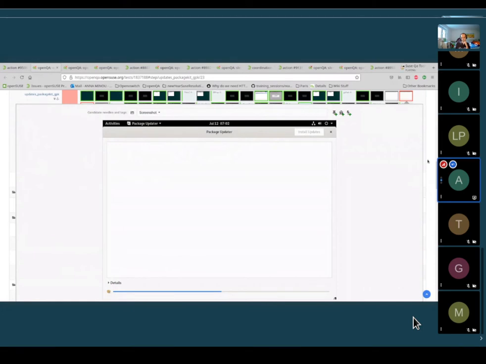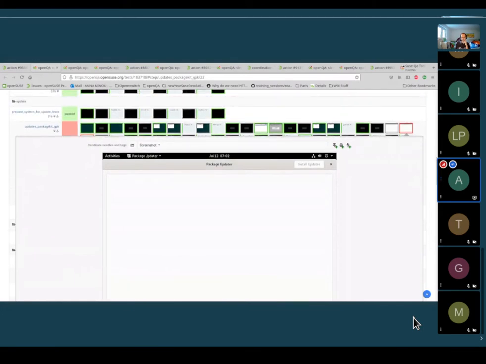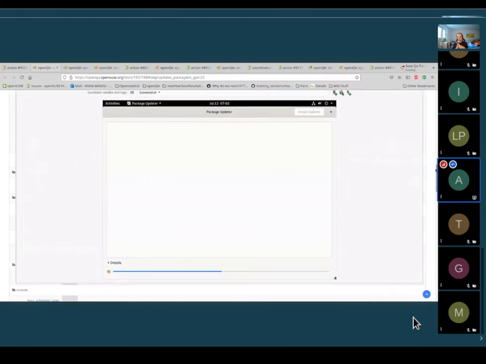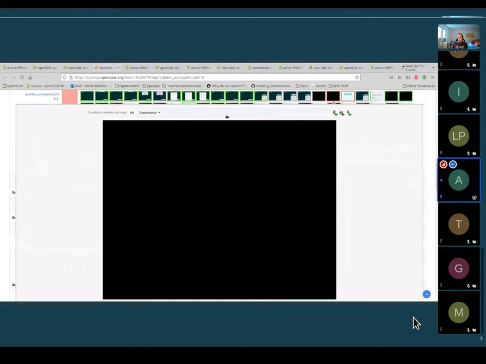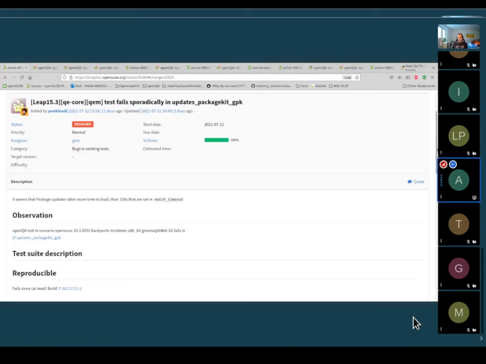For example, in one case, it was failing in these states where it seemed that the updates were installed but it was stuck somewhere, or here while the updates were being installed, and here at some point we had a stale screen. So I opened this ticket, and I can say that every time I would restart this test, it would pass. But I thought that it would be a better idea to just investigate it a little bit further.